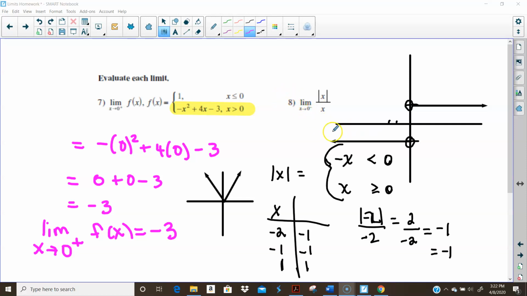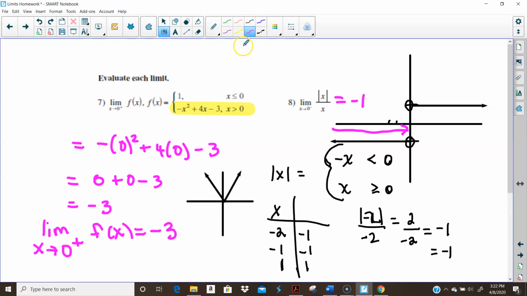So now that we have the function graphed, we're going to take the limit as x approaches 0 from the left-hand side. So as I'm moving in towards 0 from the left-hand side, you can see that y, or the output, is always negative 1. So this limit is equal to negative 1.